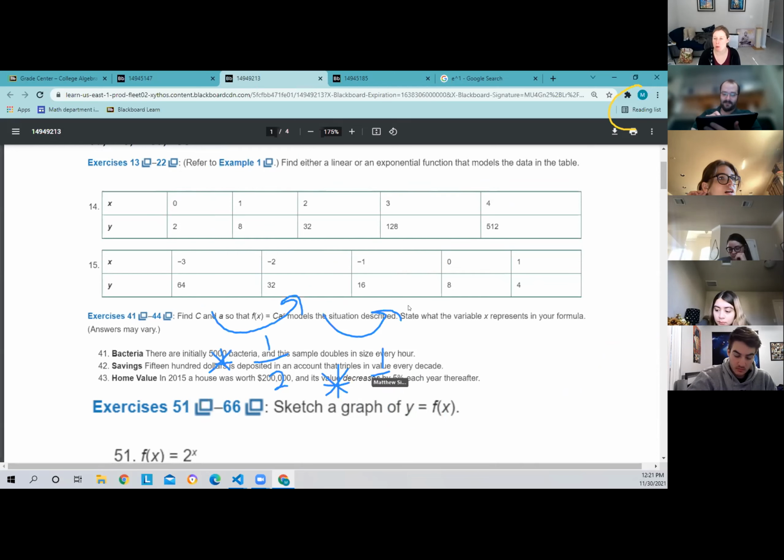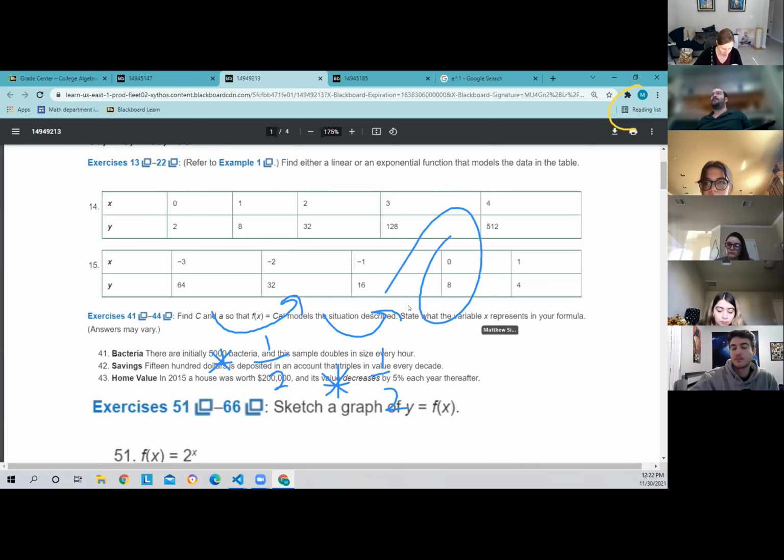Let's do that for my multiplication. You might say dividing by 2, right? That might be another thing someone might say. But what we really want is to multiply by a half. That will get you your base probably better. And then the other thing we need is, what is the y-intercept? 8.